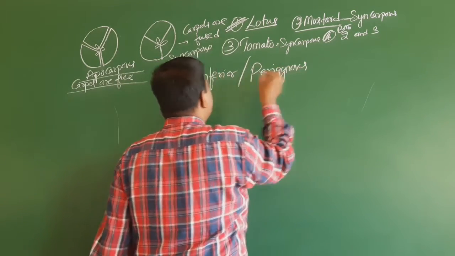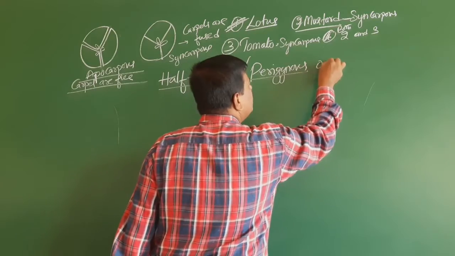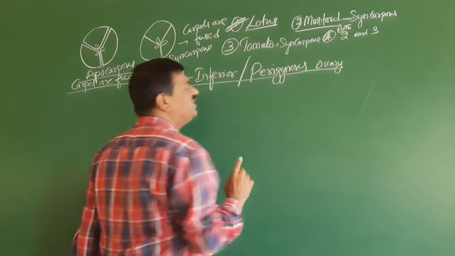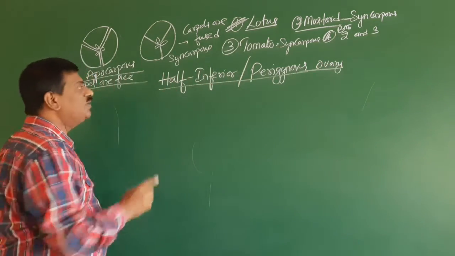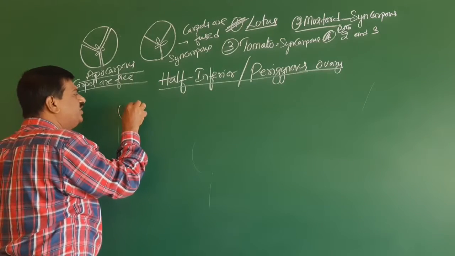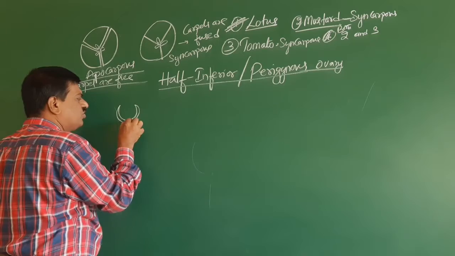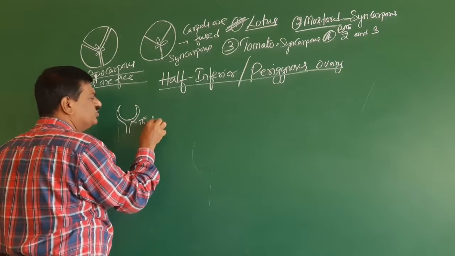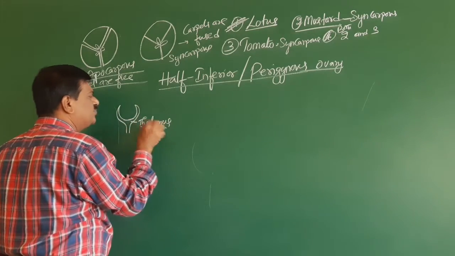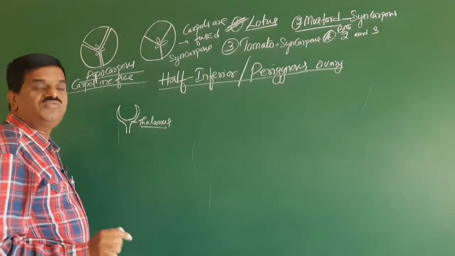In a perigynous ovary, the thalamus is modified into a half cup shape.